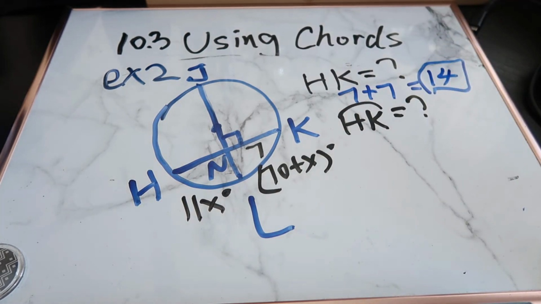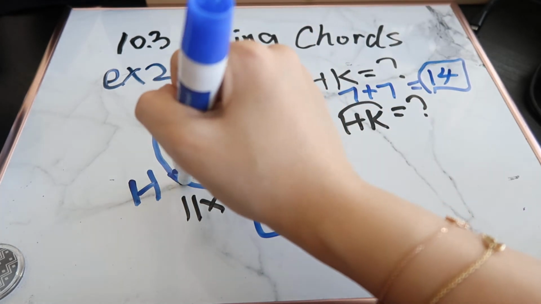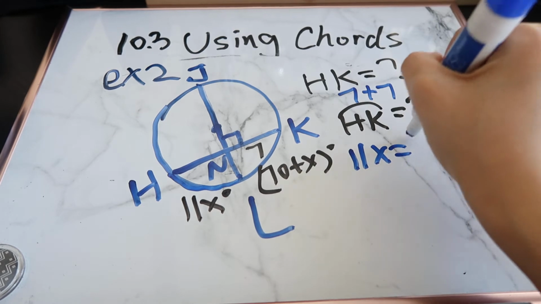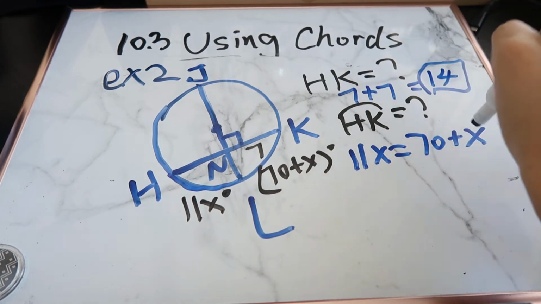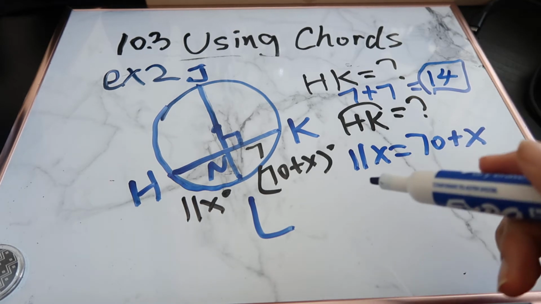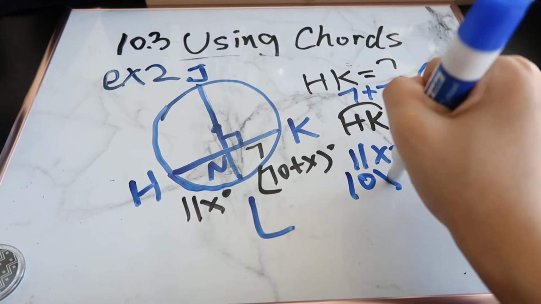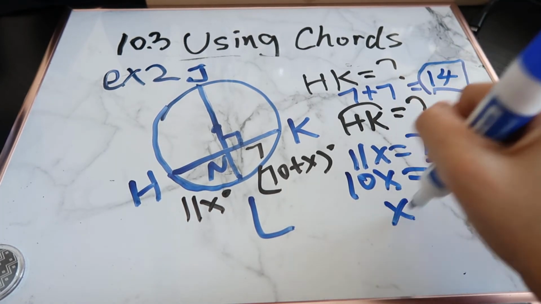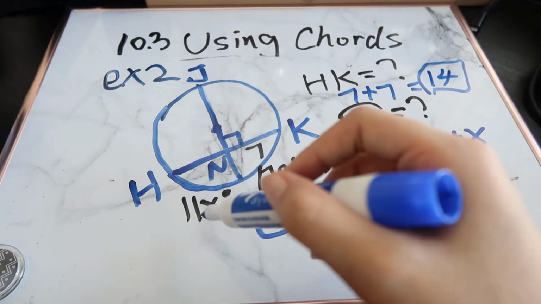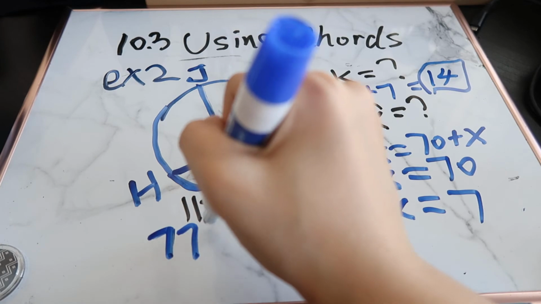And then for arc HK, because of the theorem, those two arcs would equal each other. So you would do 11x equals 70 plus x, and then solve for the equation to find x first, then plug it in to find the arc. So when solving it, you're having 10x equals 70, so x will be 7. Then when you plug it in, you will be finding the left side, 11 times 7 is 77 degrees.